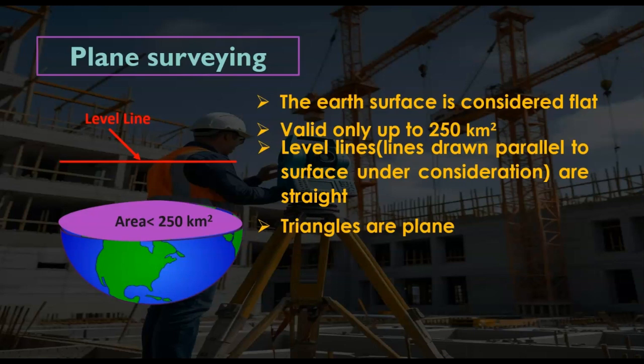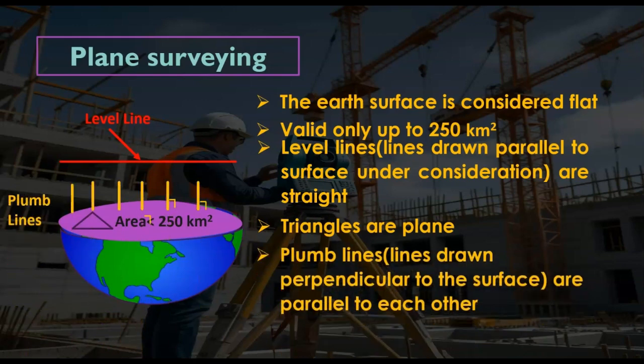I have marked the level line in red color in the figure. Triangles are plane. If you draw a triangle on the flat surface, it will be a plane triangle. Plumb lines, that is lines drawn perpendicular to the surface, are all parallel to each other as shown in the figure.